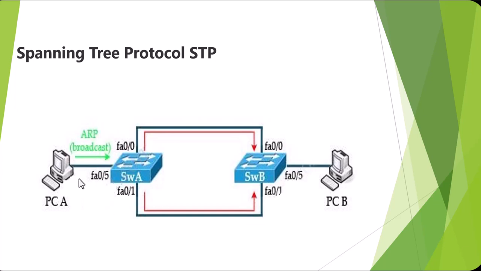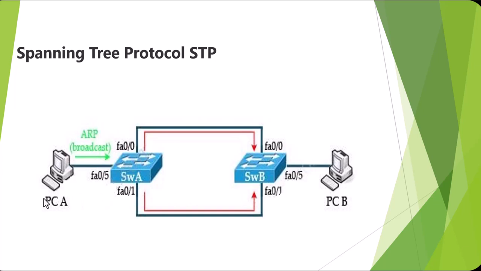So suppose we have two stations connected to two switches, switch A and switch B, and there are two links. Instead of having one link, we have another link as a redundancy, so in case one link goes down, the other link is the backup. But this way we will have a loop, and let's see how a loop happens in the network.